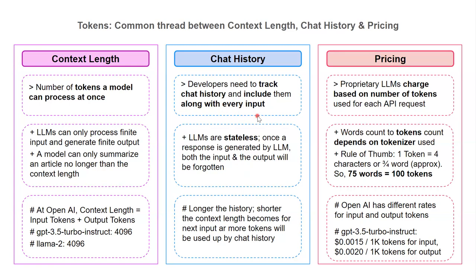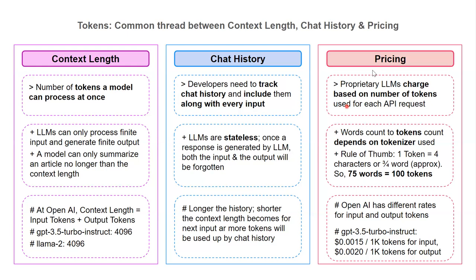That's the way the LLMs work. The downside is that the longer the history, the shorter the next input becomes, because you have a context length limit that you're working with. That's something you need to keep in mind, and there are options available to manage that.